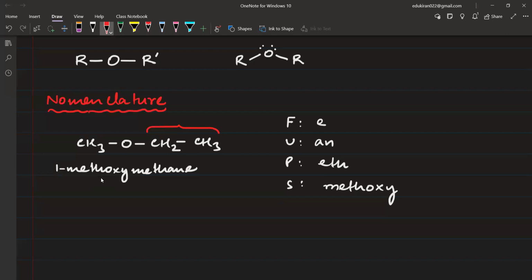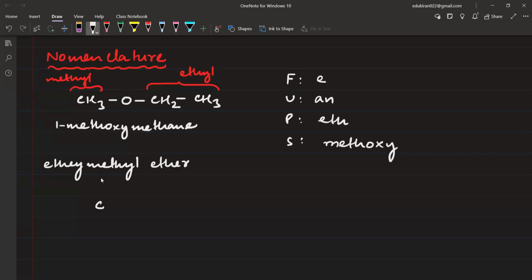This alkyl group is ethyl, and this one is methyl. So the name becomes ethyl methyl ether. For example, if you have CH3, oxygen, and then once again CH3.